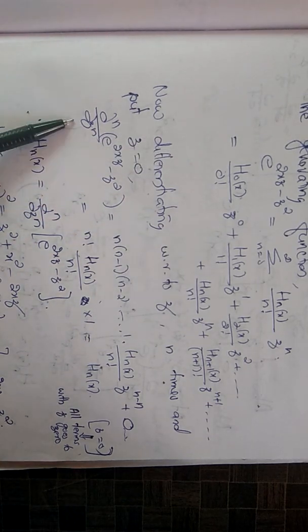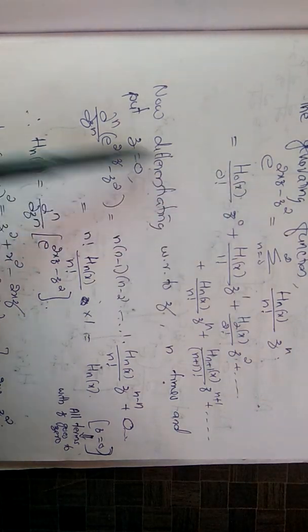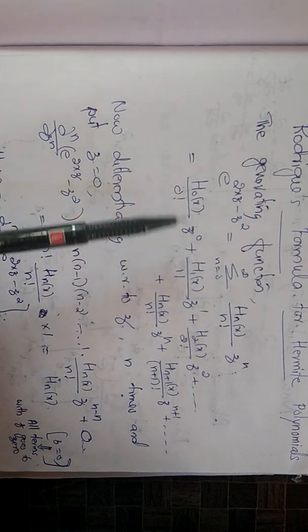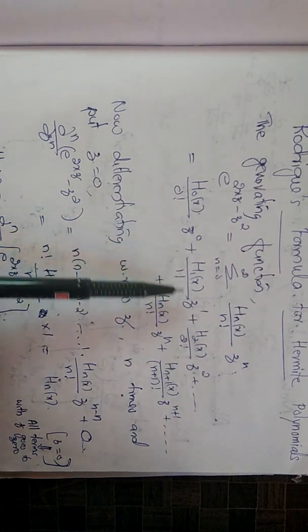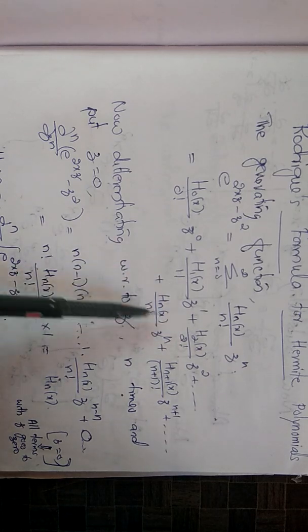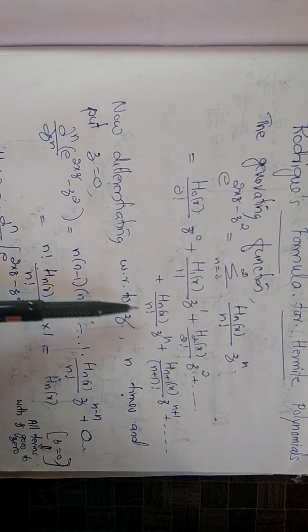So the differentiation will be ∂ⁿ/∂zⁿ of the exponential term, equal to, now we are differentiating the right side, so we can see that each term before z raised to n will go to 0, since we are differentiating n times with respect to z.